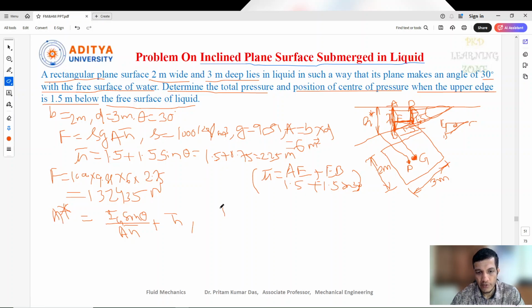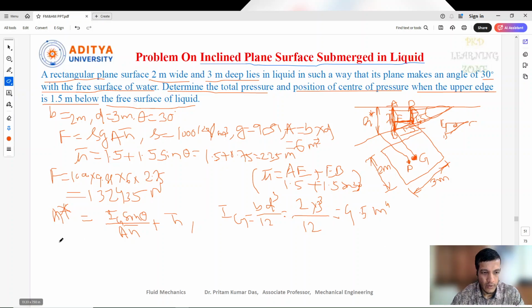Here I G, for this rectangular plane, is b d cube by 12. That is 2 into 3 to the power 3 divided by 12, which is 3 into 3 into 3 is 27, 27 into 2 is 54, by 12. So that is about 4.5 meter to the power 4.